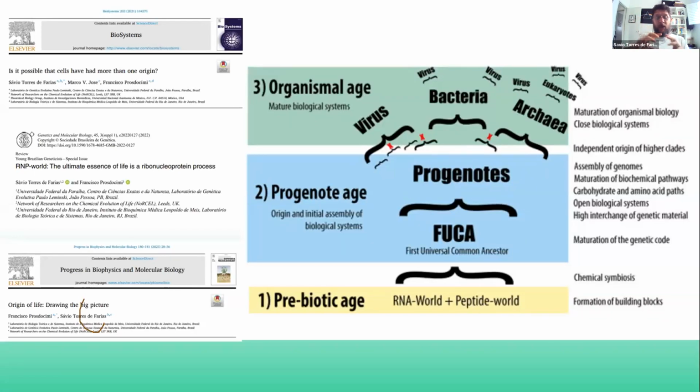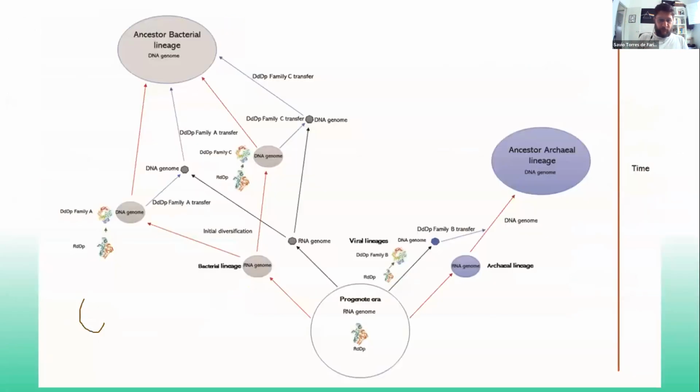We had a community of molecular biological systems that encapsulated independently to form the archaeal lineage and the bacterial lineage, still with an RNA genome. And independently in these two basal groups emerged the DNA polymerases, twice in bacteria and once in Archaea.